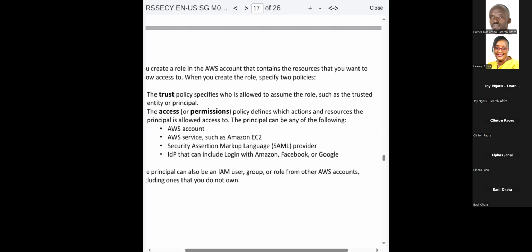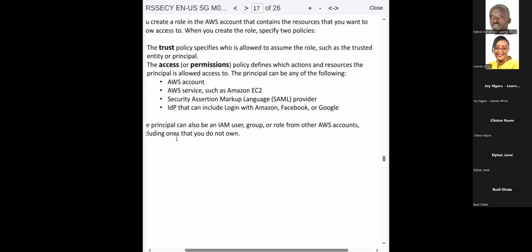Say you have account A and account B, and you want account B to be able to access an S3 bucket in account A. You give it a role. So it can be an account, a service like EC2, a person, or people who are logging in using an IdP, something of the sort.